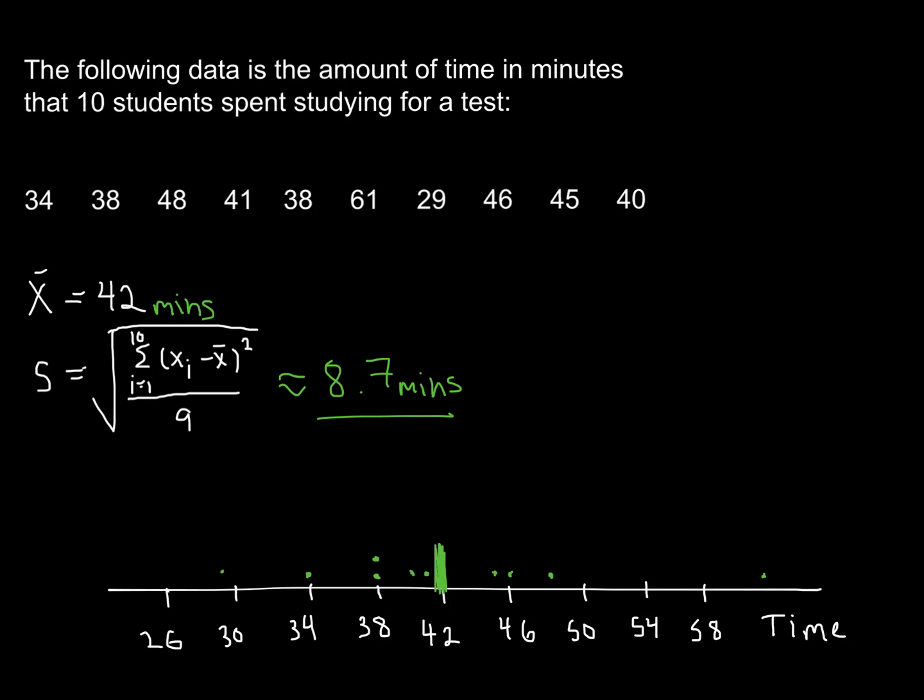So let's think about what that is saying. 8.7 minutes greater than the mean, well, that would be about 50.7. So here would be one standard deviation away from the mean. Now 8.7 less than 42, that's a little bit less than 34.